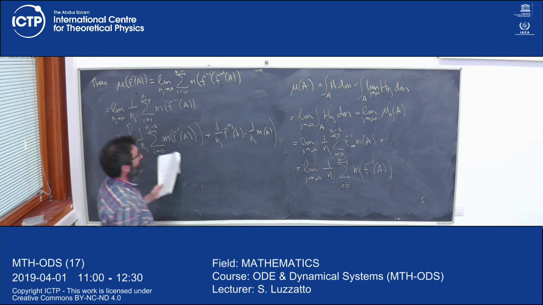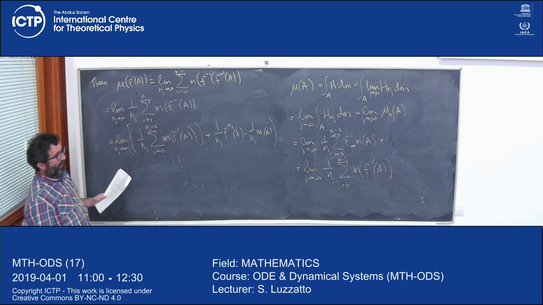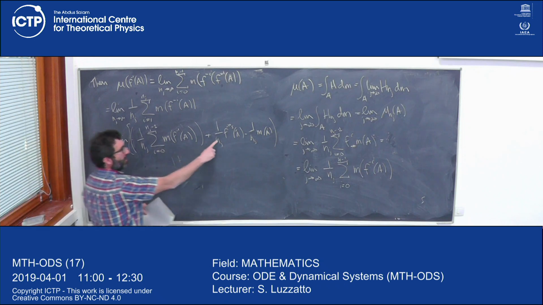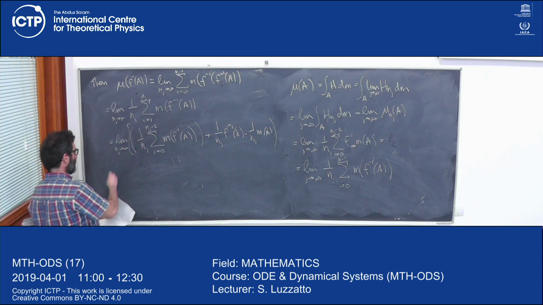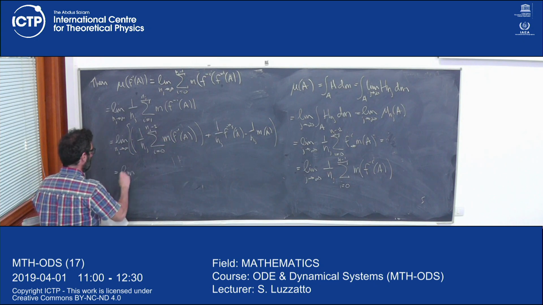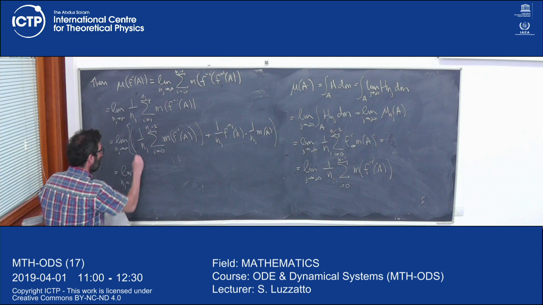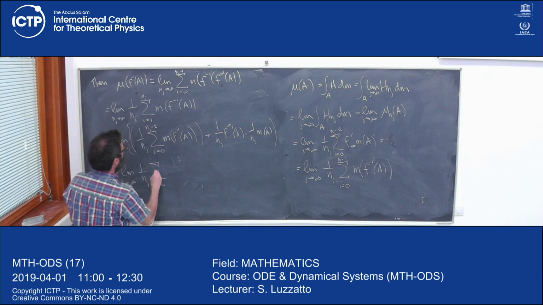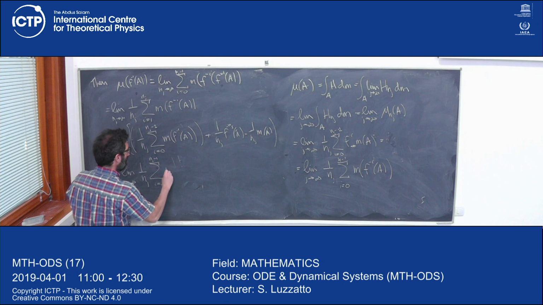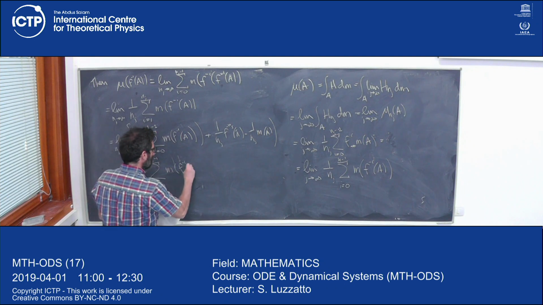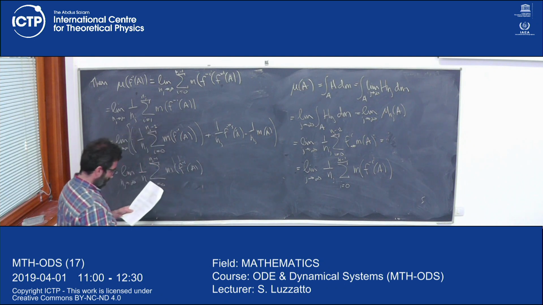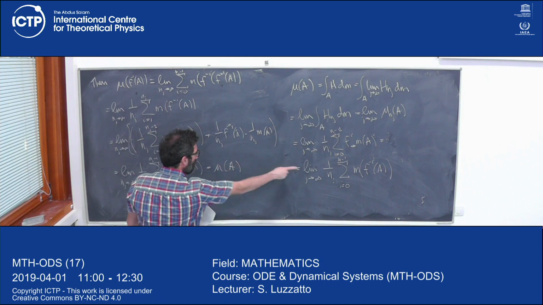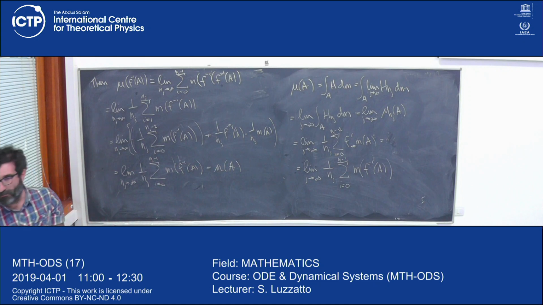Okay, now this is exactly the same as we did when we were looking at the limit of the measures, and these limits go to 0, right? So this is just equal to the limit as nj tends to infinity of 1 over nj, the sum i equals 0 to nj minus 1 of the measure of f minus i of a, which is exactly equal to the definition of mu of a, using that again.